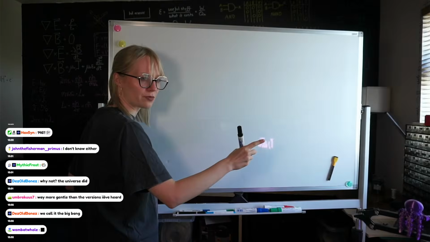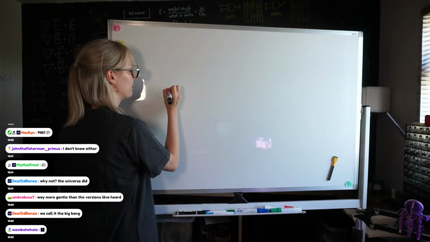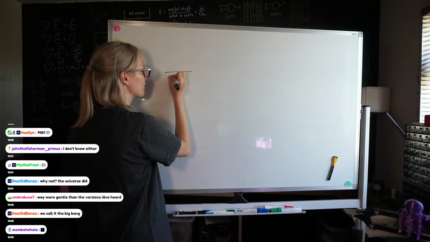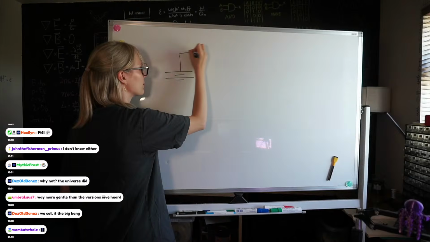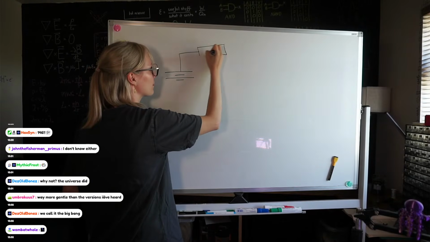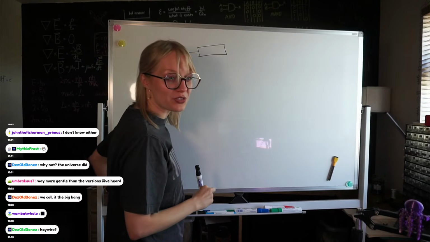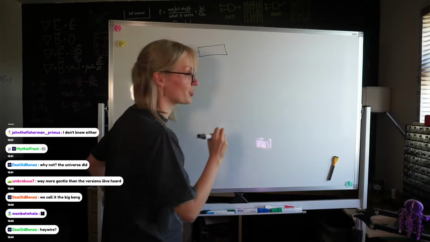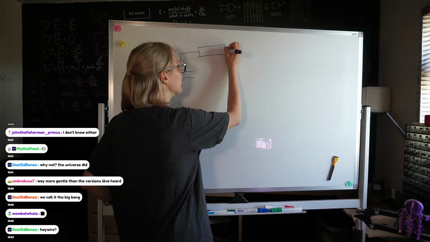There's a light here, so I'm going to get rid of it. I'm going to draw my resistors as rectangles today. Controversial.